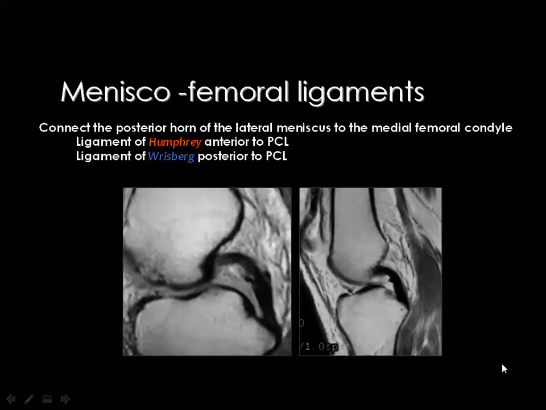But in this very beautiful image, you can see the two dots, so you know these are the meniscofemoral ligaments: the anterior one is the ligament of Humphrey, and the posterior one is the ligament of Wrisberg. I remember this because the letter H is before the letter W in the sequence of the letters.